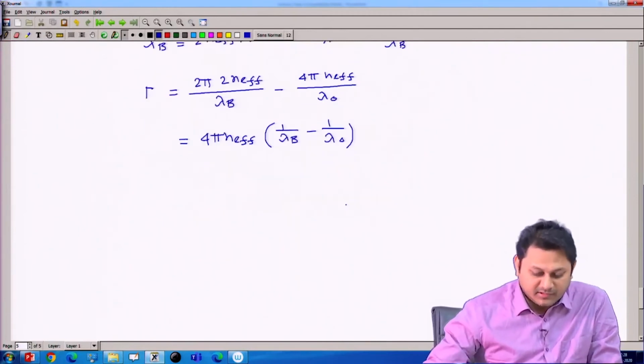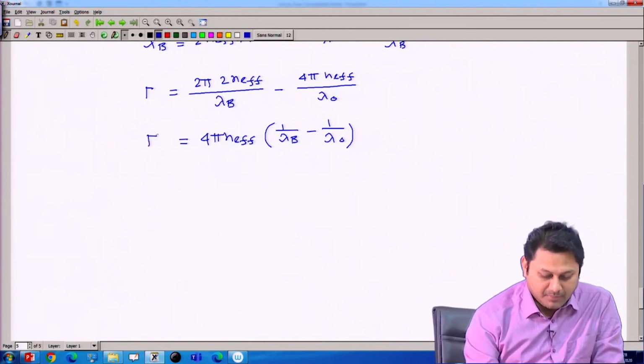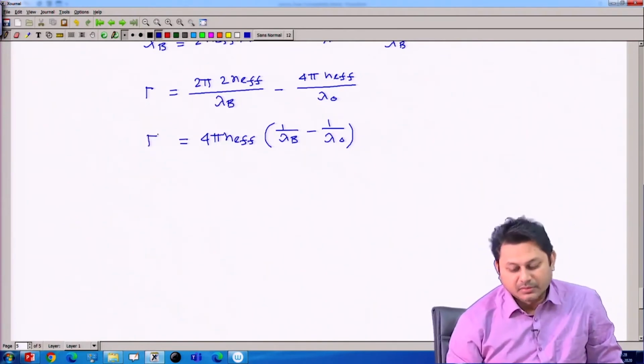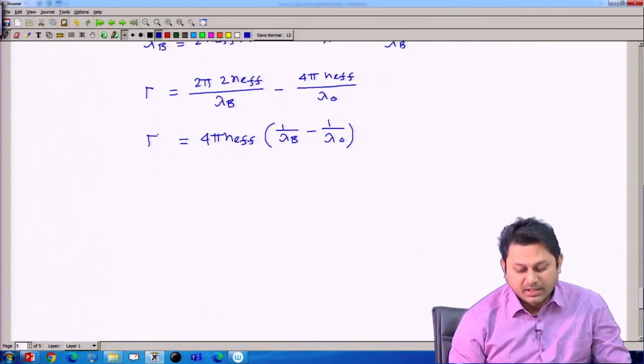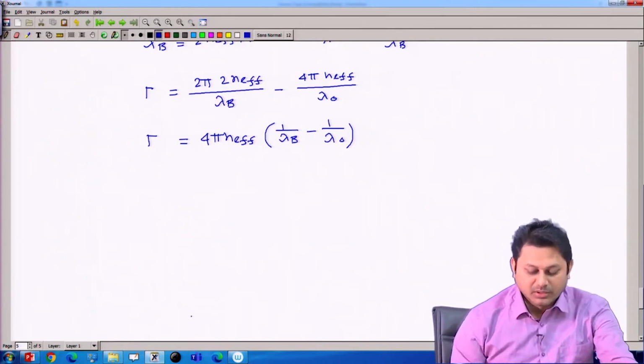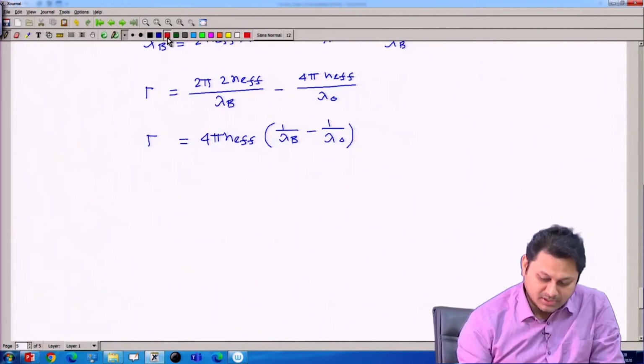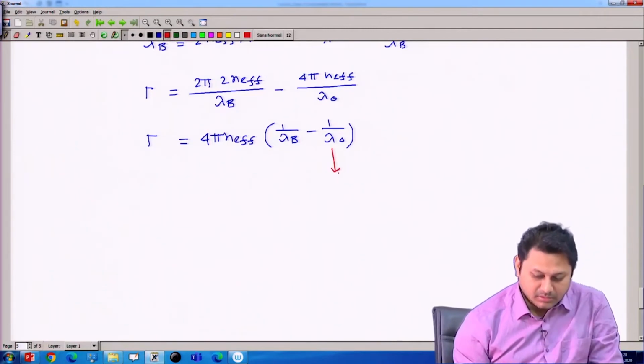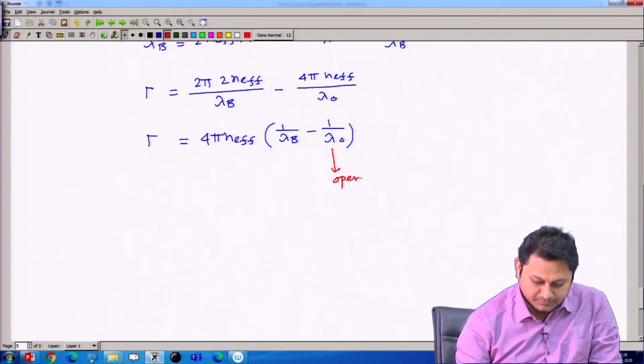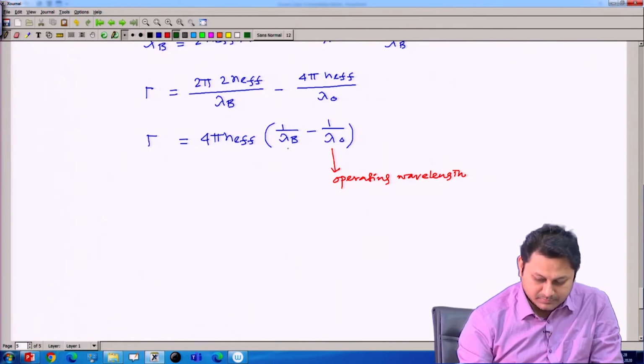This is an expression of gamma in terms of the wavelength I am launching, which is the operating wavelength, and the Bragg wavelength.